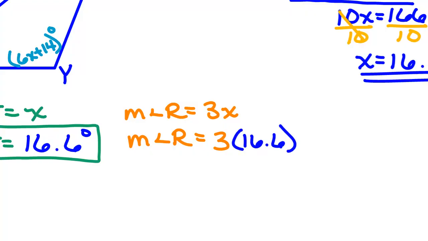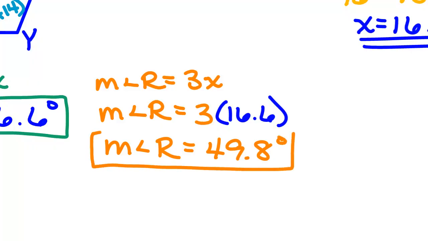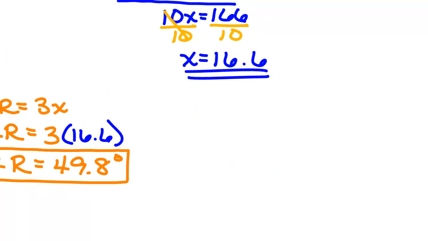What is 3 times 16.6? 49.8 degrees for the measure of angle R. And then the measure of angle Y is 6x plus 14.